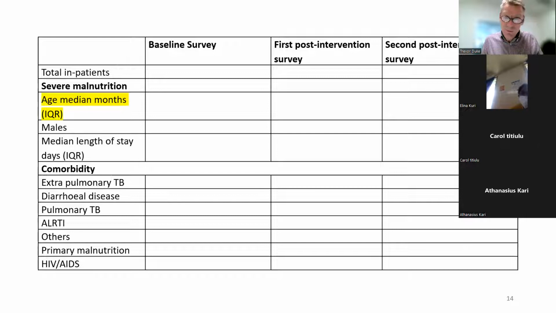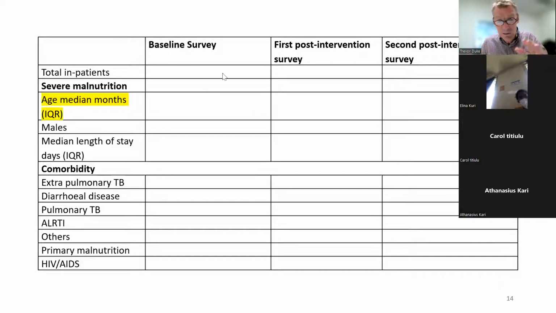So when he thought about writing up his thesis and working out an analysis plan, he developed these dummy tables. You can see that the dummy tables provide the information about each of the different patient populations, because the children he was looking at in the first survey were different to those in the first post-intervention survey, and were different to those in the second post-intervention survey.